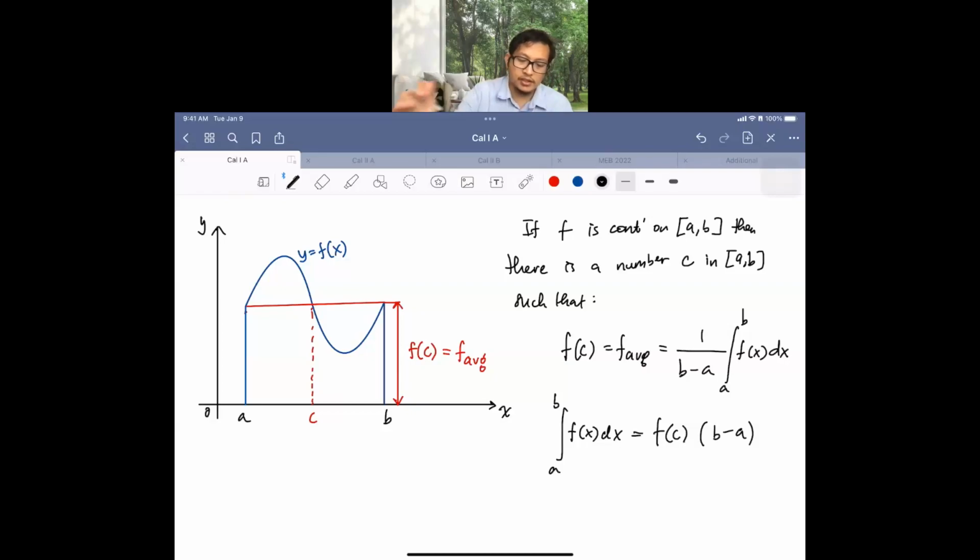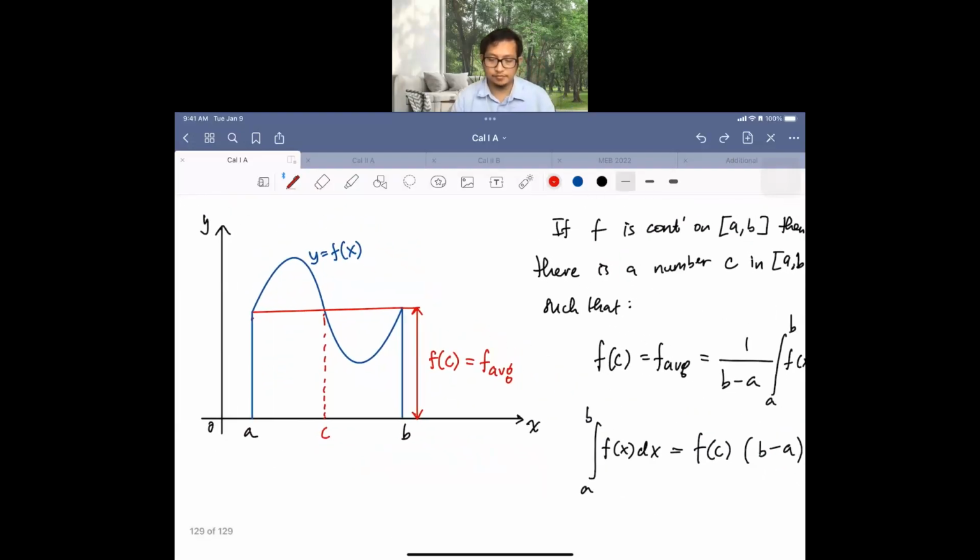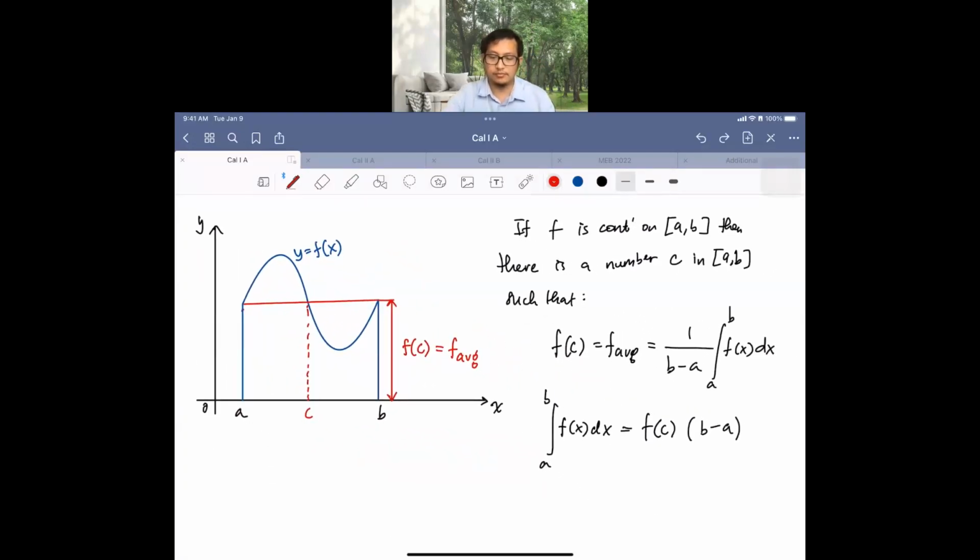What it means is, if this is like a mountain, if it is empty, then we could fill this part up to here, and it becomes a full rectangle. That's how we describe the graph. Okay, I think that's it. Really short, average value.